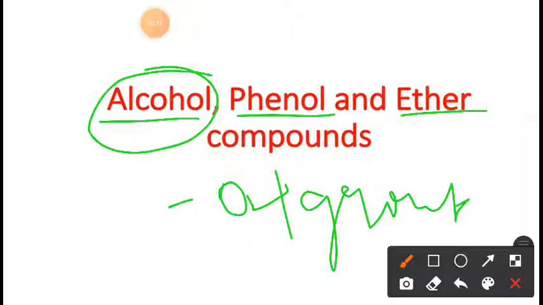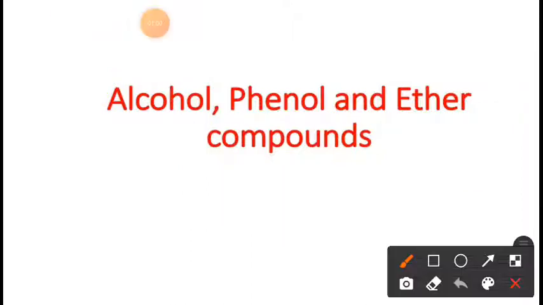And how can we obtain these alcohols? These are obtained by replacing one or more hydrogen atoms of aliphatic or aromatic hydrocarbons by hydroxyl group, right?